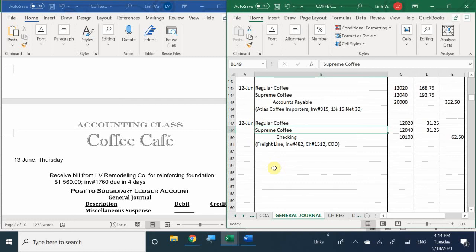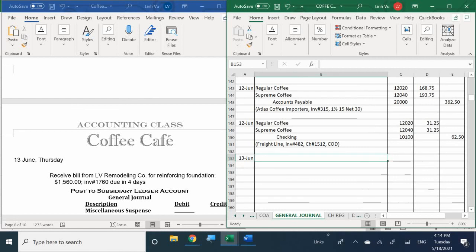I contracted LV Remodeling to build the foundation for the grinder, so I want you to tack it wherever the grinder is, which we already know is in miscellaneous suspense. And because we've received a bill, are we paying it now or are we going to pay it later?